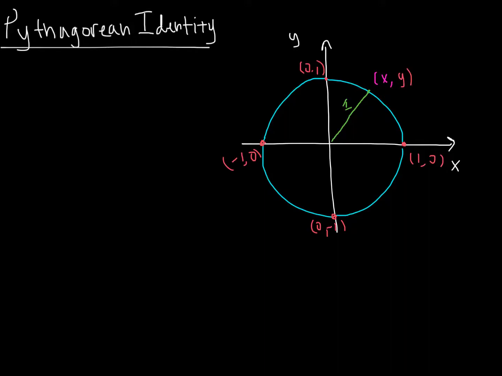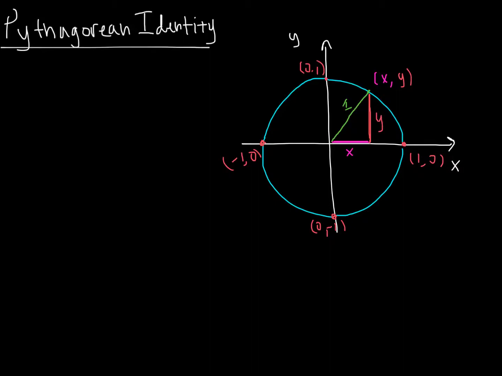The value of the x coordinate is the distance traveled in the x direction to that point, so the length x is this length right here. And the y coordinate is the distance in the y direction, so it's that distance there.